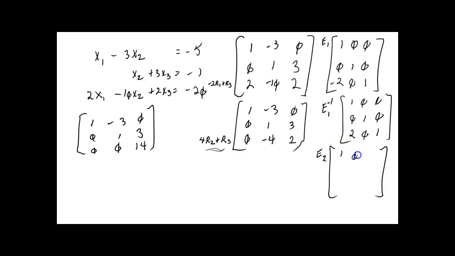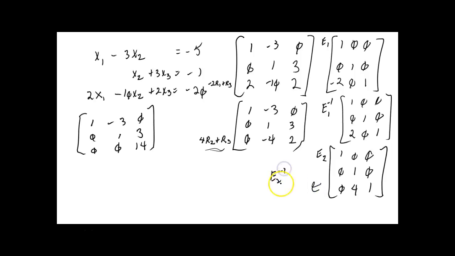Okay, 1, 0, 0. You didn't use the first row at all. And you used the second row but didn't change it any, so that's still a 0, 1, 0. Okay? And what would be your new third row? 0, 4, 1. Now, what is the inverse of that operation?